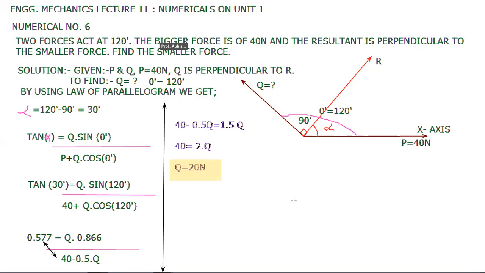Tan of alpha is equal to q sine theta upon p plus q cos theta. R square is equal to p square plus q square plus 2pq cos theta. These things have been repeated many times. Let's move further to the next question.